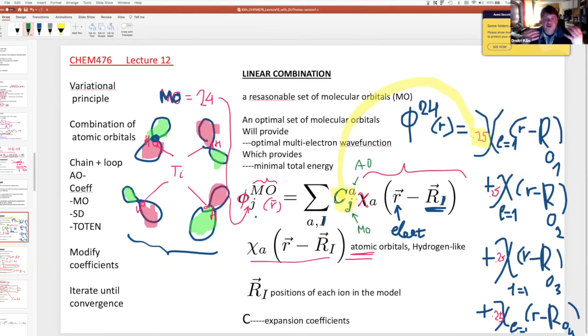So it shows how to compose molecular orbital number J out of atomic orbital number A. And since there are so many different atomic orbitals, we need to make summation over all orbitals A and over all atoms, all ions in the molecule.